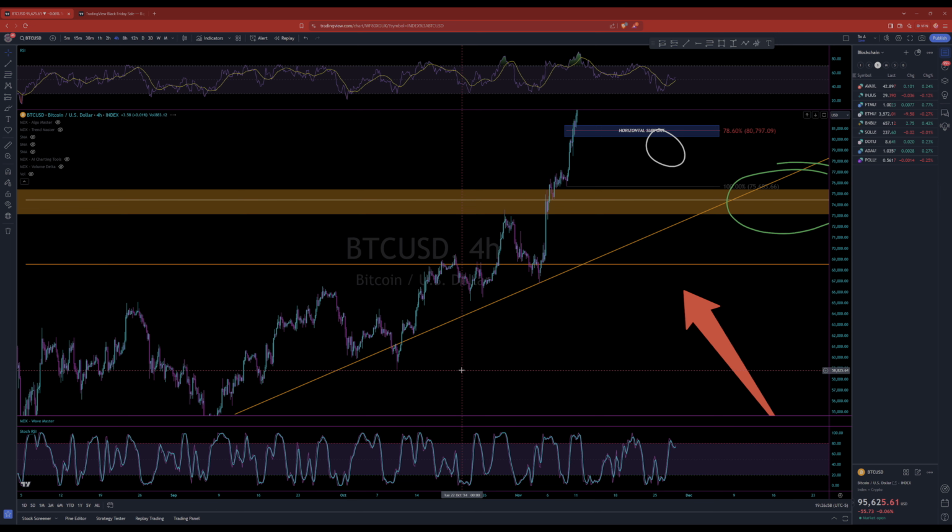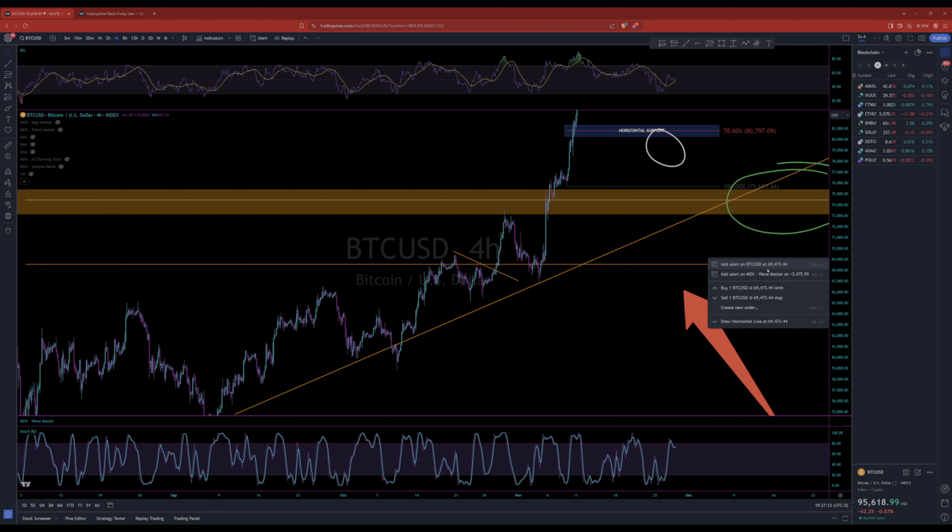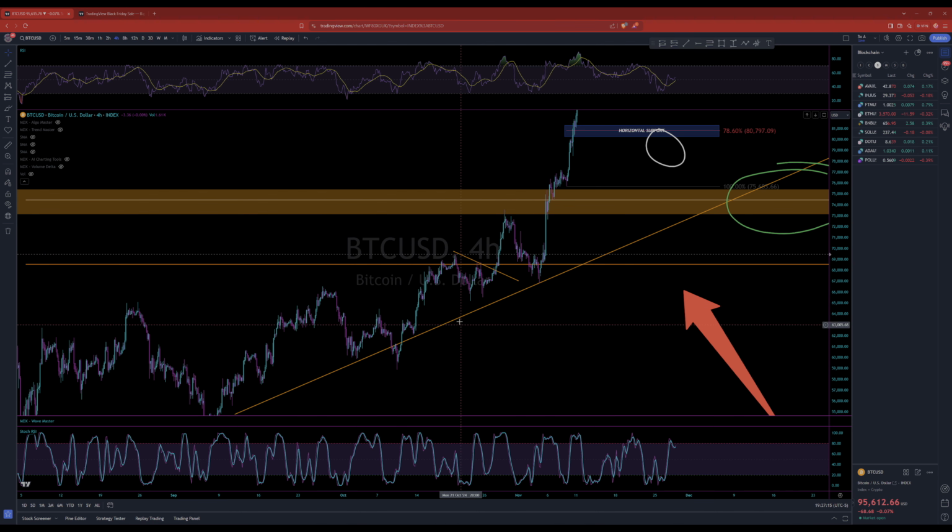If you're looking at horizontals, like for example this, I want to know when it makes a higher high because I know when it broke the trend. I'm not going to sit there and watch it. I'm going to set an alert at this price here, add alert on BTC at 69K. Boom, we got our alert. Once it crosses above this price, I'll know that we broke trend and we made a higher high.